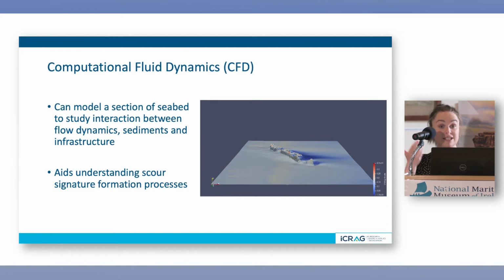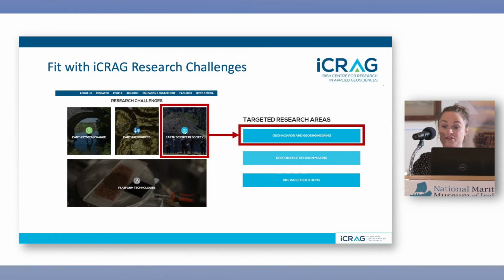How we can understand the scour formation process that might occur around anchors, cables, turbine foundations, and so on. And just for a small bit of context, this really fits into the Earth and Society research area, and specifically the geohazards area of the iCRAG family of research.